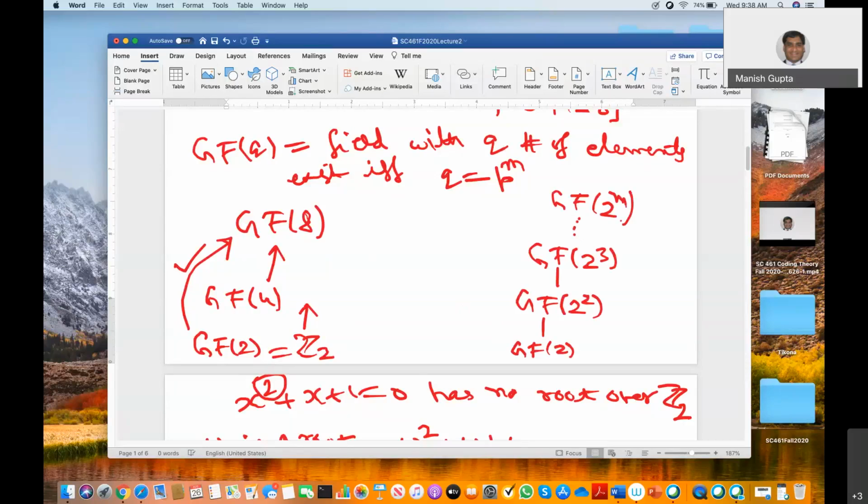This is known as a tower of finite fields. Similarly, we will have something for GF3. If you want to construct a field with 9 elements, we look at GF3. The base field is Z3 rather than Z2, and from there we construct GF3 square, which is 9, and like that we proceed.